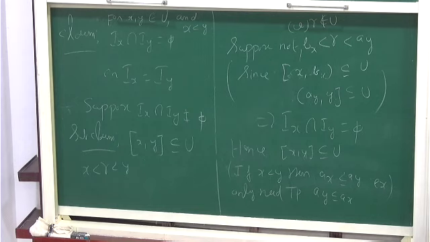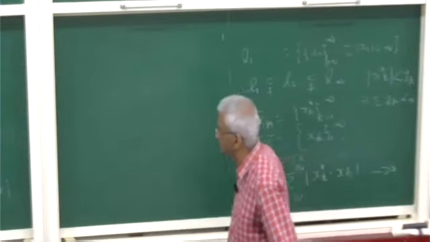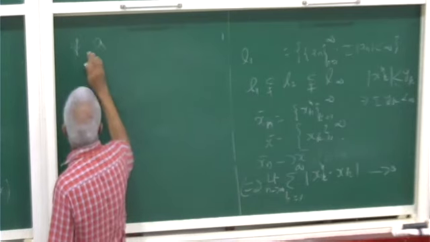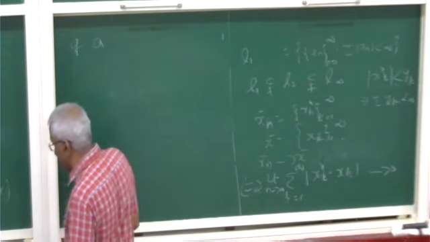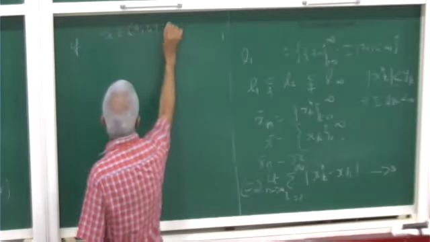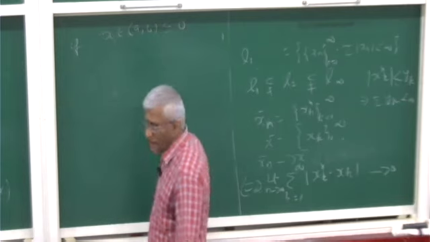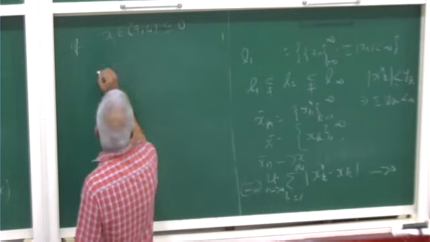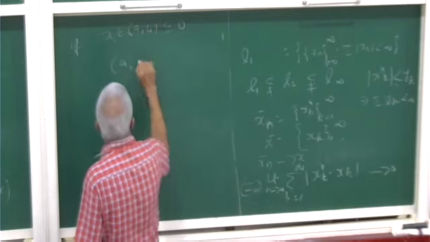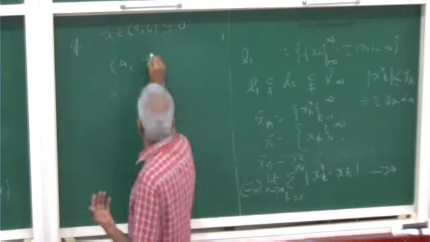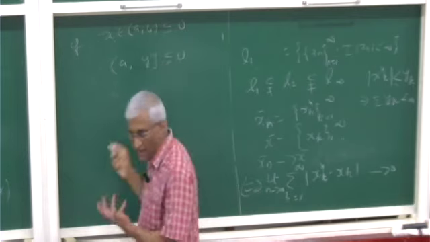So now if x is in AB, and AB is contained in U, then Ay, for example, is also contained in U, right?